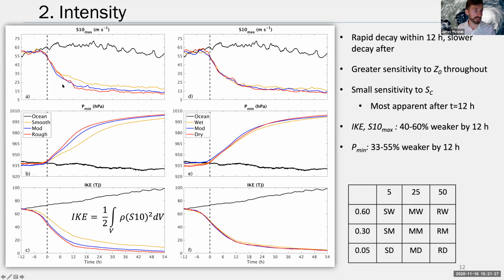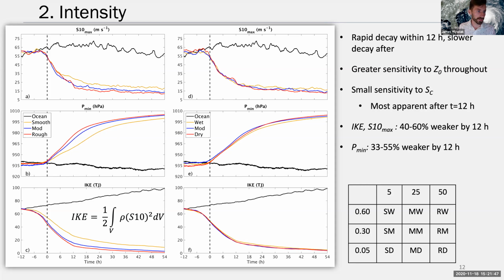And immediately we can see that the storms did make landfall as very powerful, high category 3, low category 4 storms. And immediately you notice that all storms decayed pretty rapidly. So none of these land surfaces was particularly favorable for a landfalling major hurricane.